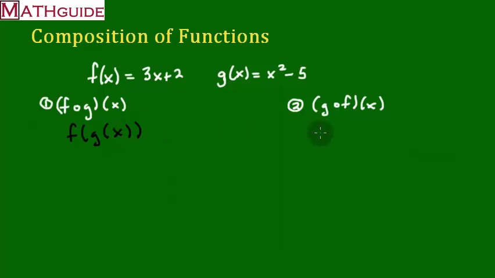I'll even do this problem, g circle f of x. So there's a huge difference between f circle g of x and g circle f of x. Even though the letters are all in the same order, the computation is going to be different. Well, what does it mean?